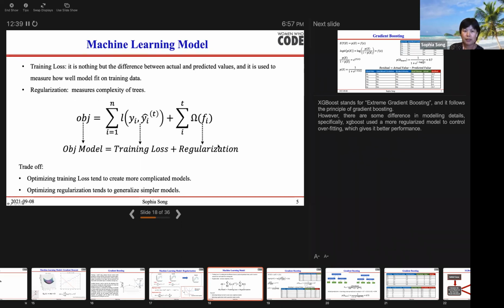The regularization measures the complexity of your model, to prevent your model from being too complicated and to avoid overfitting. That's the general final goal of machine learning models, to get this objective function.